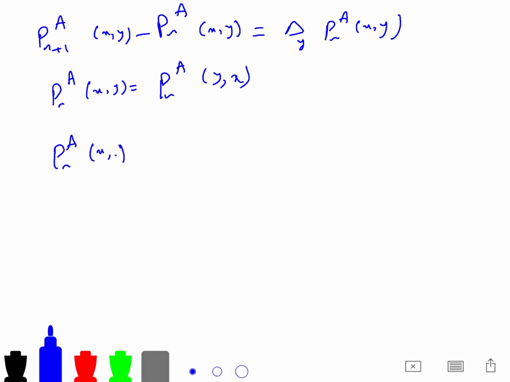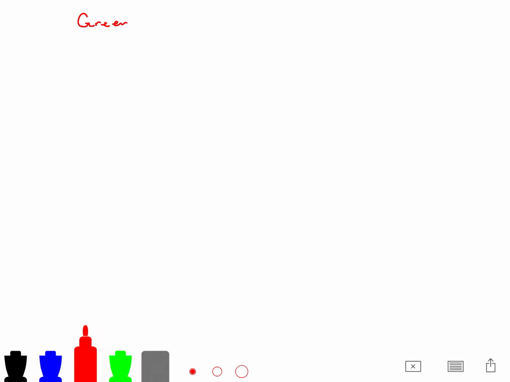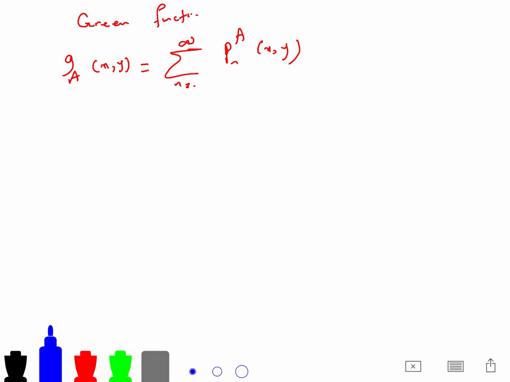So let's talk about the Green function. The Green function G^A(x,y) is by definition the summation over n of P_n^A(x,y). So the Green function is the summation over these heat kernels. The number of hits by x on y we call the local time of x at y.